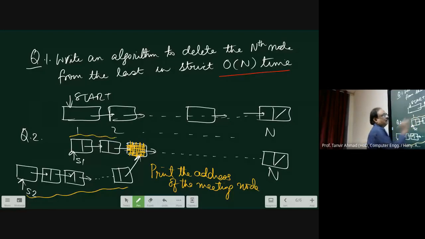Here I just drew two nodes, but it could be any number, because this might meet at the third node, fifth node, 10th node, 15th node, first node, 100th node, anything.